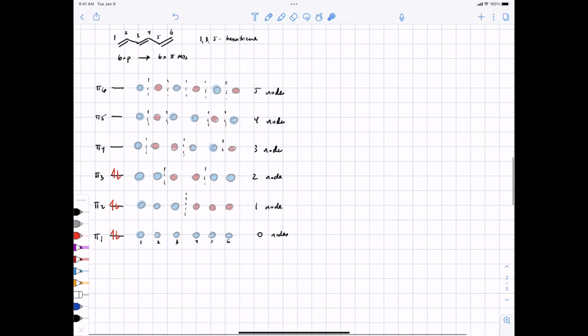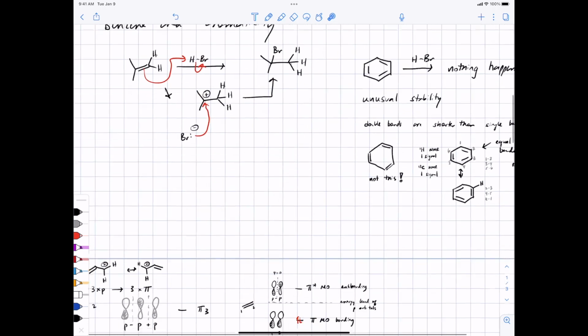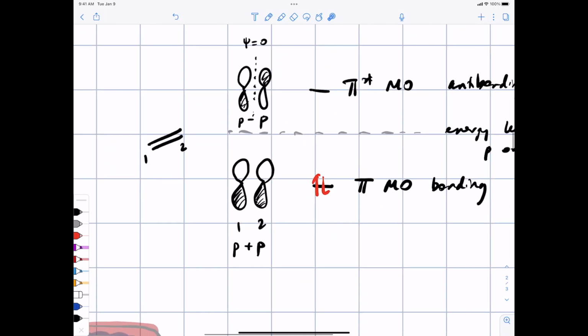Going back to the original pi bonding molecular orbital, this pi bonding molecular orbital is bonding because if you put 2 electrons in this orbital, they would tend to stay between the 2 nuclei and draw the 2 nuclei together. Whereas if you put 2 electrons in this anti-bonding orbital, they're not going to spend time in between the 2 nuclei. So they're not going to contribute to bonding of those 2 nuclei together. In fact, anti-bonding orbitals are actually biased a little bit towards the space away from the nuclei, though I haven't drawn that here.